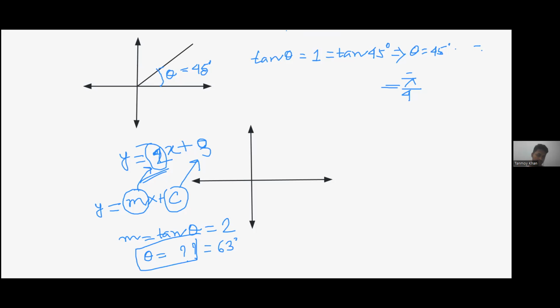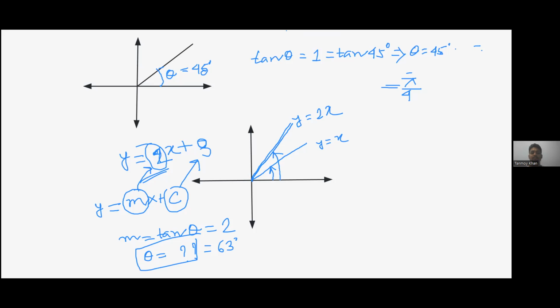So how will it look? If this is your y equals x, obviously the angle is a bit more. So this will be y equals x, right? Because it does not have any intercept, it will start from the 0 point, but the angle will be a bit more than y equals x, right?